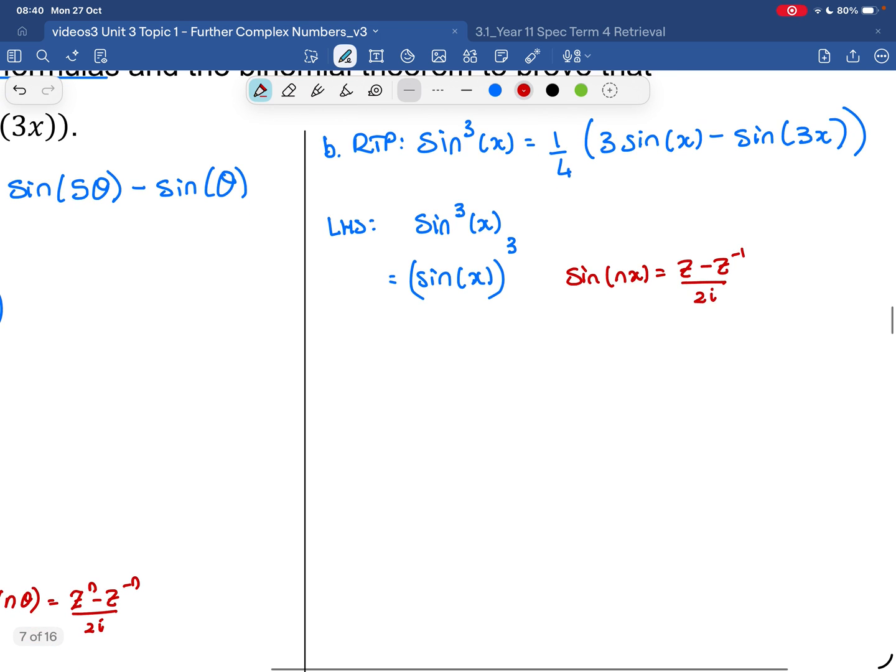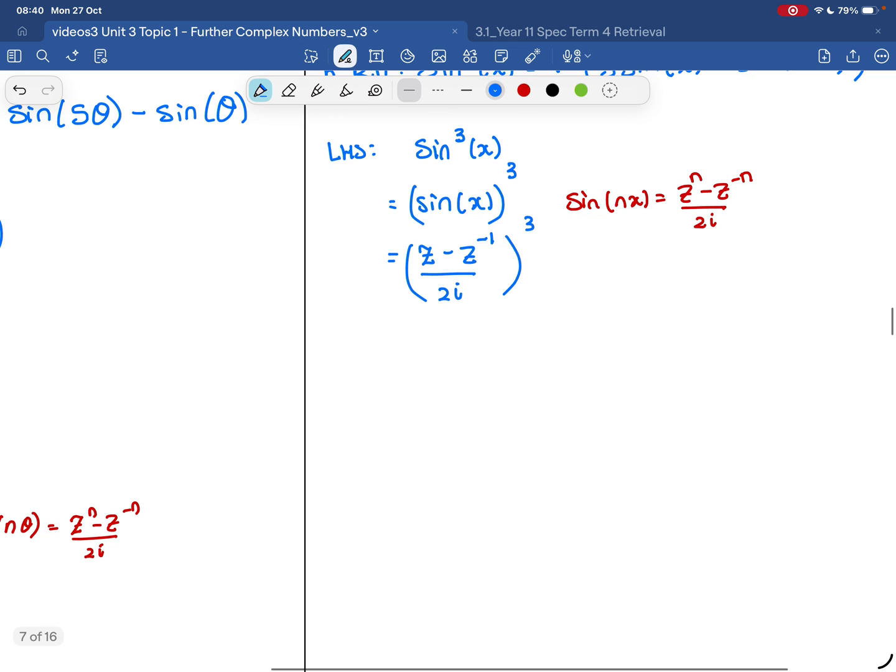Here z is 1, so z minus z to the negative 1 over 2i all cubed.